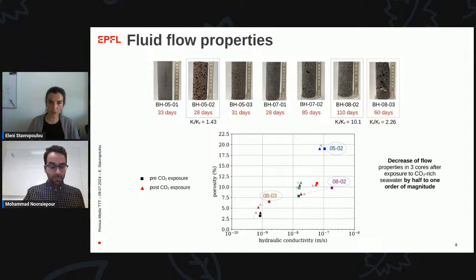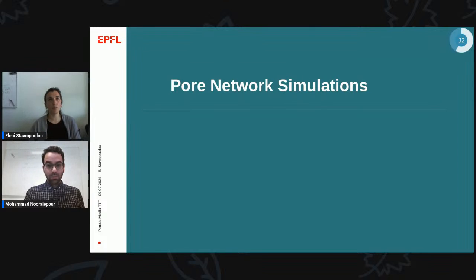We have a lot of localized information about the exact pore network, well, pore structure, if I may say. So we can use this to understand a little better where mineralization might have occurred. To do that, we used pore network simulation.